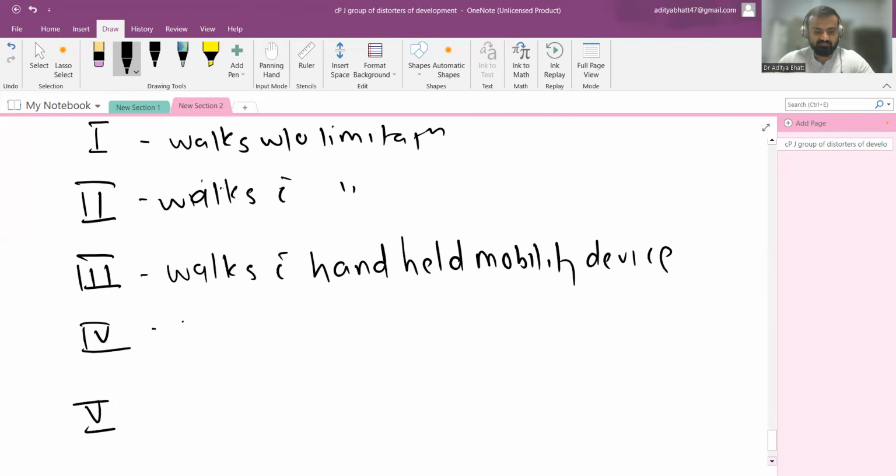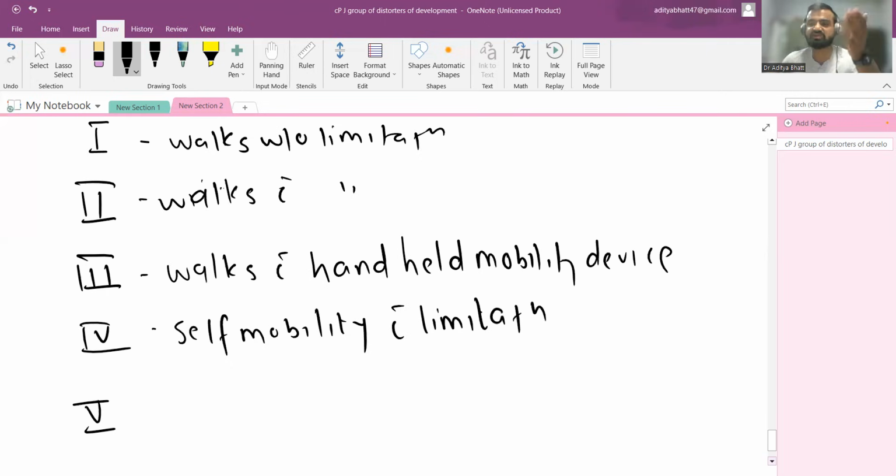Then class 4 is self-mobility with limitations, so powered devices might be required. In class 3, you require crutches or any orthosis, but the patient can walk on their own. And grade 5 is that you require a manual wheelchair, meaning someone is pushing it for you.